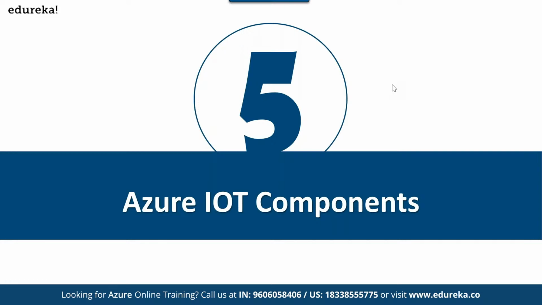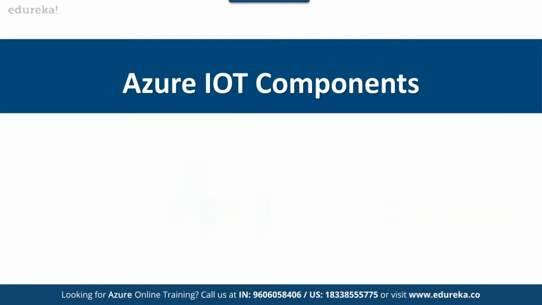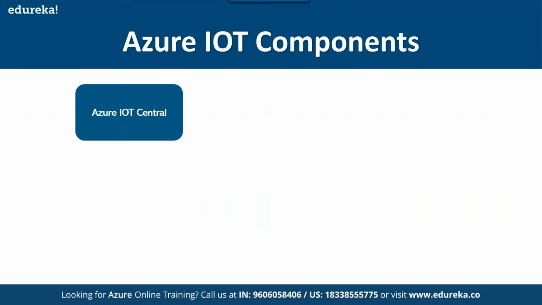Now let's talk about the Azure IoT components. What are the different Azure IoT components that you can have? The very first component is Azure IoT Central, which basically means that all the different technologies that you have combined are going to lie in a single technology. It's not that for the different technologies I have combined, I need a different interface. I just need a single interface, and with that single interface, I can connect with all the different components.